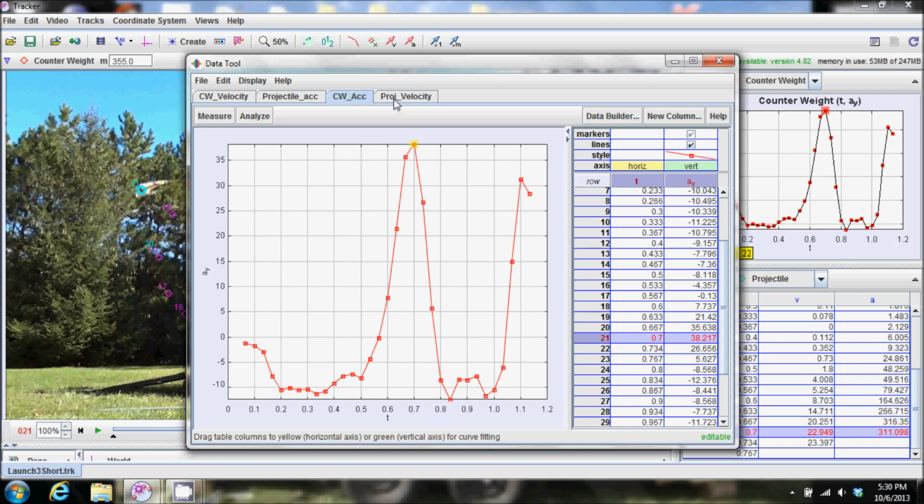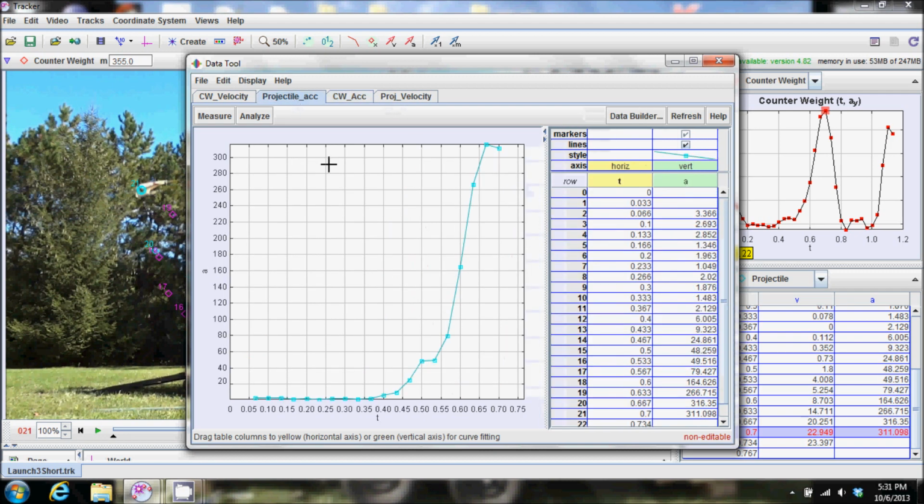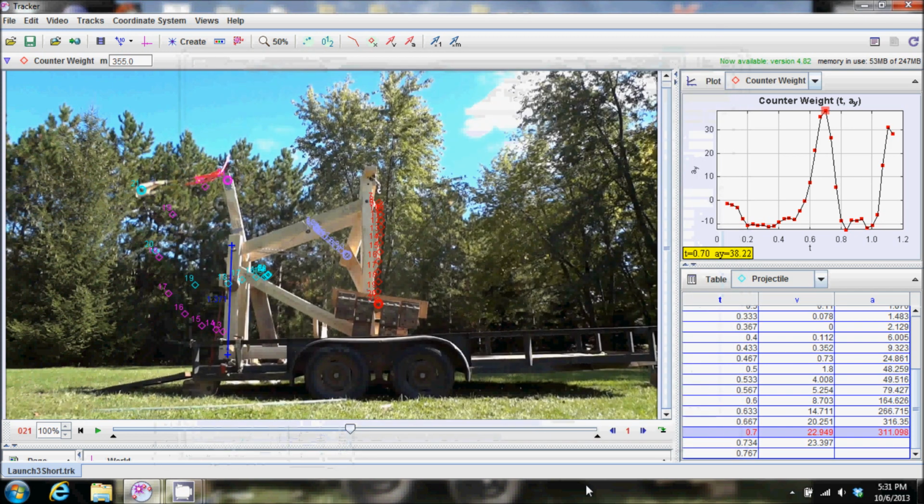Now this is happening at the same time as the projectile is accelerating, and you can see here that from the start to half a second, not much has happened with our projectile, but in this last 0.2 seconds our acceleration goes way up. Now this is happening right in here.